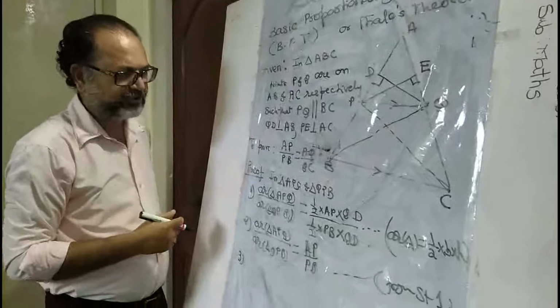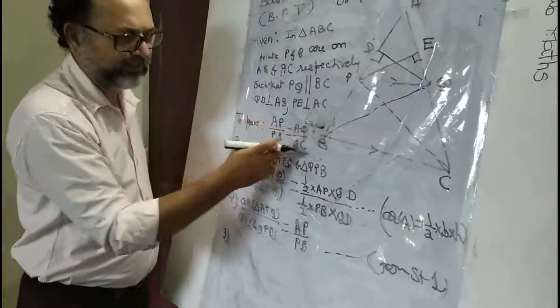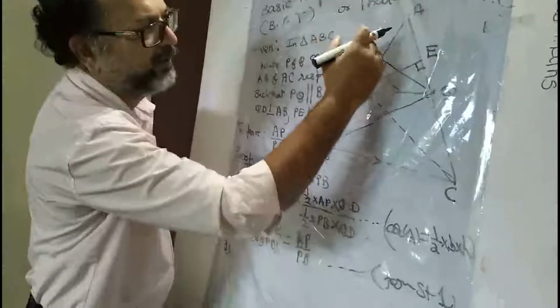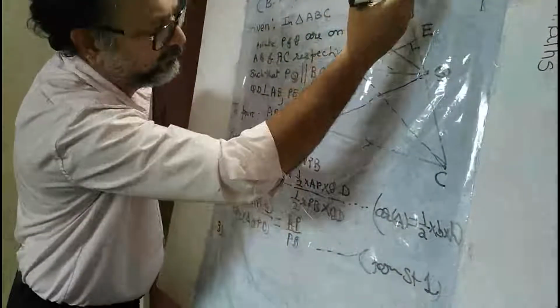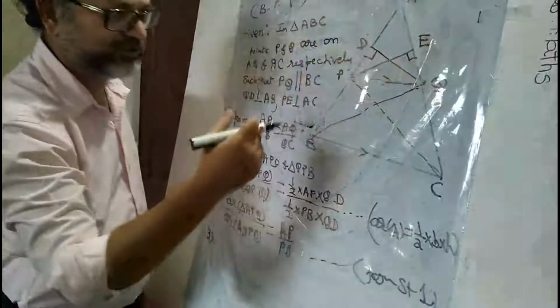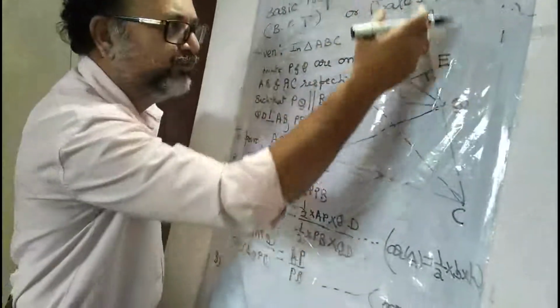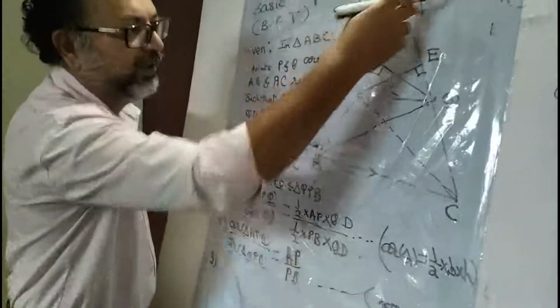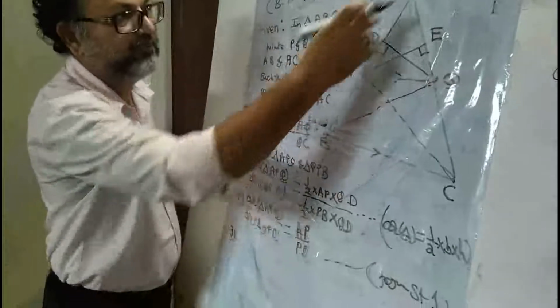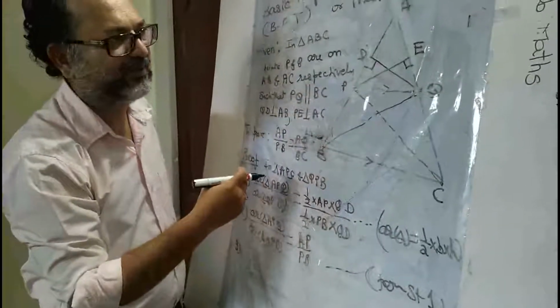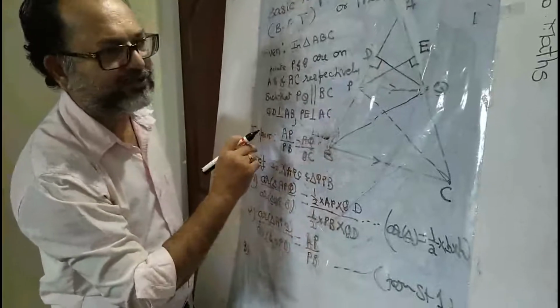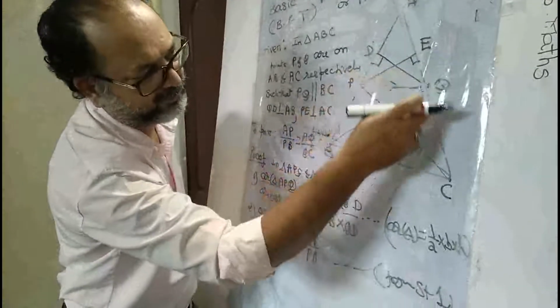So now let us take, for getting AQ upon QC, go this side, but for this triangle we have to take AQ as the base, but the triangle would be the same as this APQ. So again we have to write APQ, but we will take AQ as the base for that triangle. But we need QC also as the base, but that base is for this triangle.